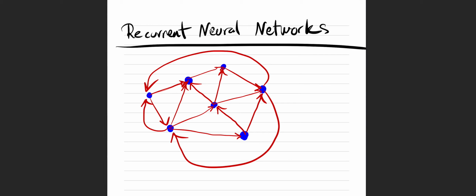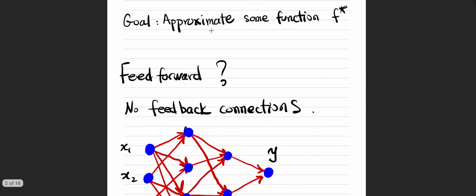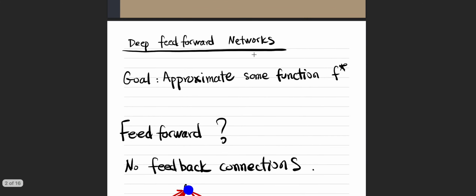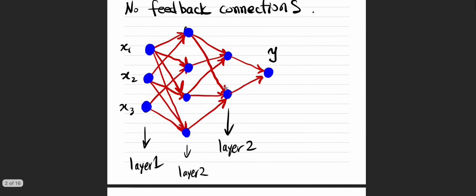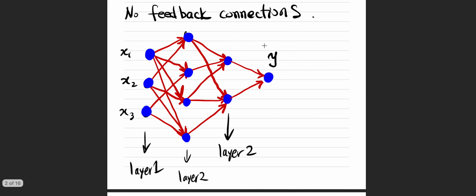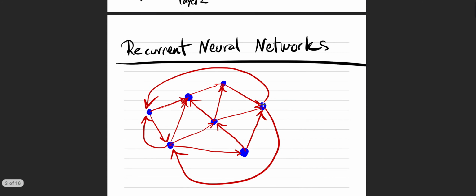Recurrent neural networks are hard to fit, and when people talk about neural networks in machine learning, deep neural nets are feedforward. What makes them easier to fit, what makes it easy for us to adjust the weights between the nodes so that the response is close to the observed response, is the feedforward nature and the lack of feedback connections.